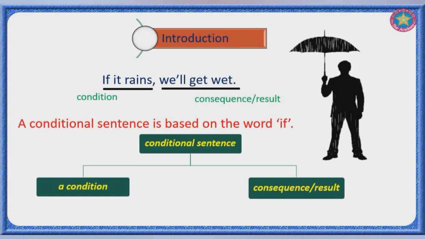These are the two parts of this sentence. The first part, if it rains, is a condition, and the second part, we will get wet, is the result. It means if it rains, the result will be we will get wet. So it is a conditional sentence.